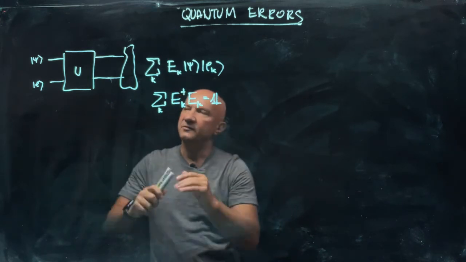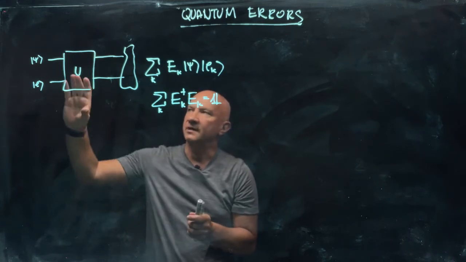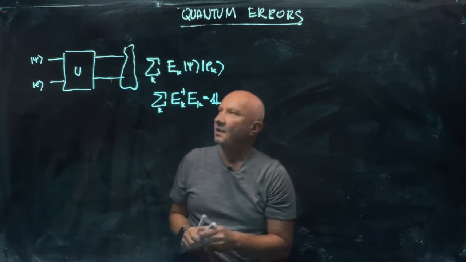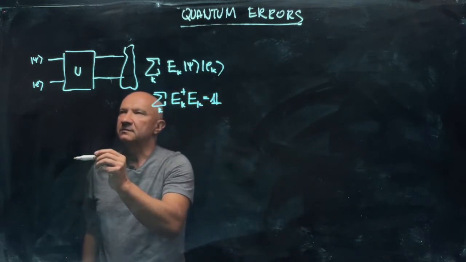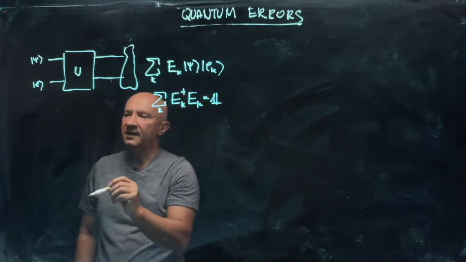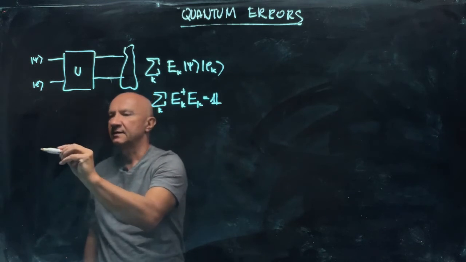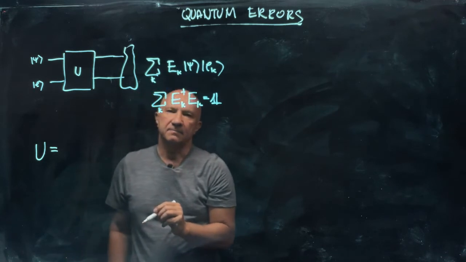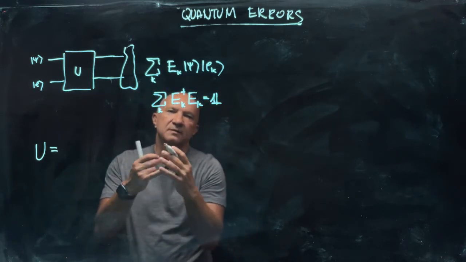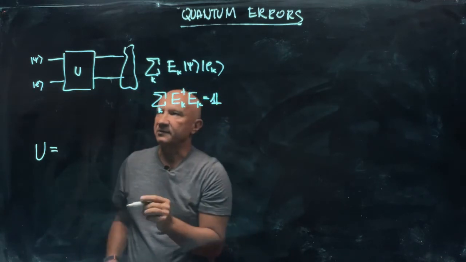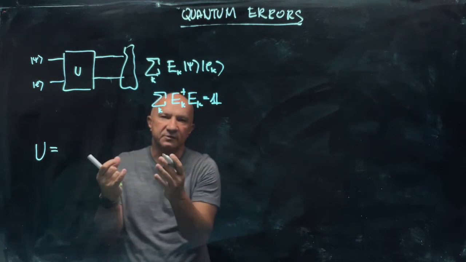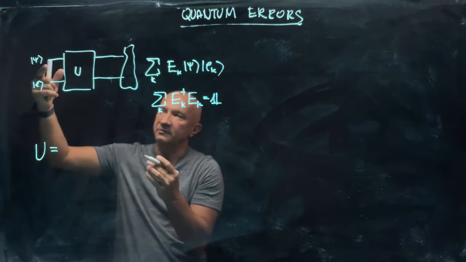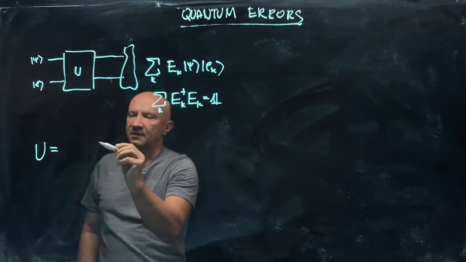So let's take a closer look at how we can derive this final form. So first of all, we can write any unitary operator U in the basis of the system and the environment. So I pick some orthonormal basis of my system and an orthonormal basis of the environment.